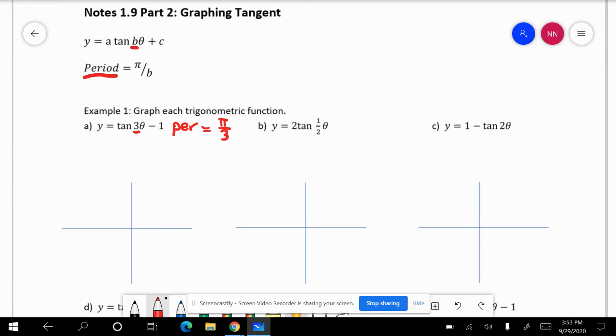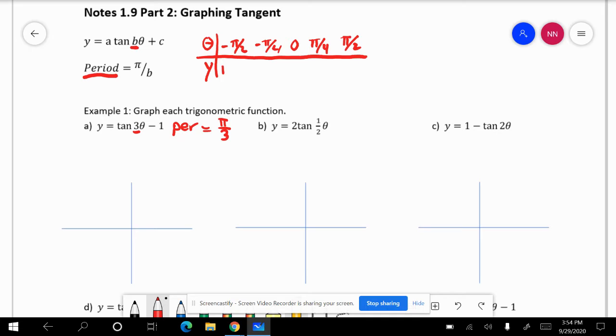Now, when we're coming up with our table of values, we have to remember that for tangent, the table of values start with negative pi halves, then negative pi fourths, 0, pi fourths, and pi halves.